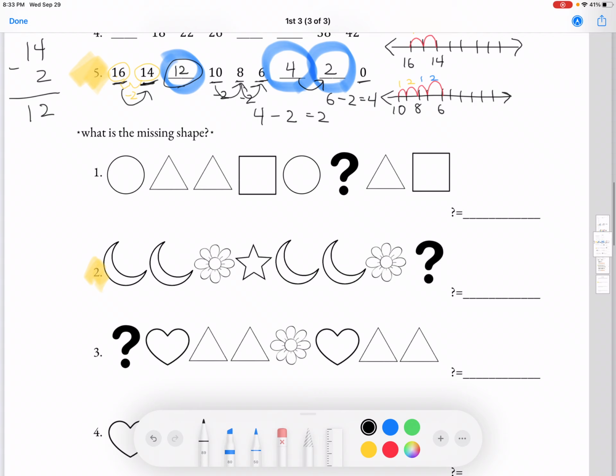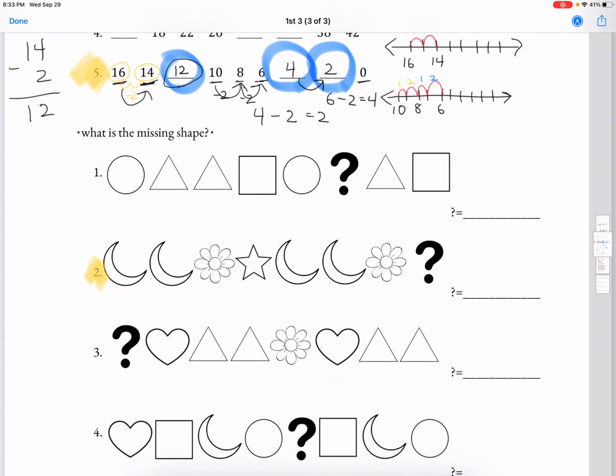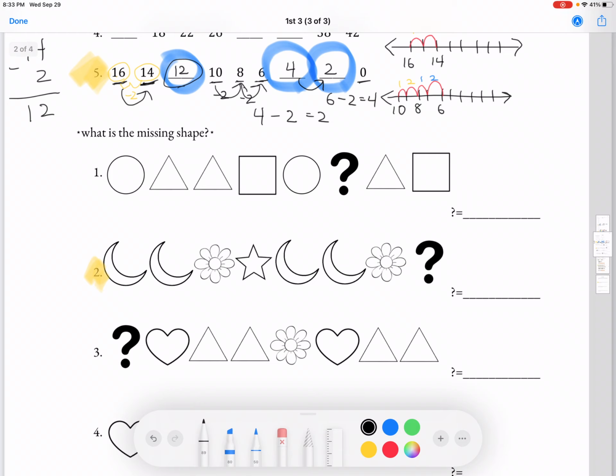Moving on to the next pattern, which is shapes. Here, the sequence that we see is moon, moon, moon, flower, and then star. Then we have moon, moon, flower, and then a question mark. The sequence has 2 moons, then a flower, then a star, and then it repeats again.